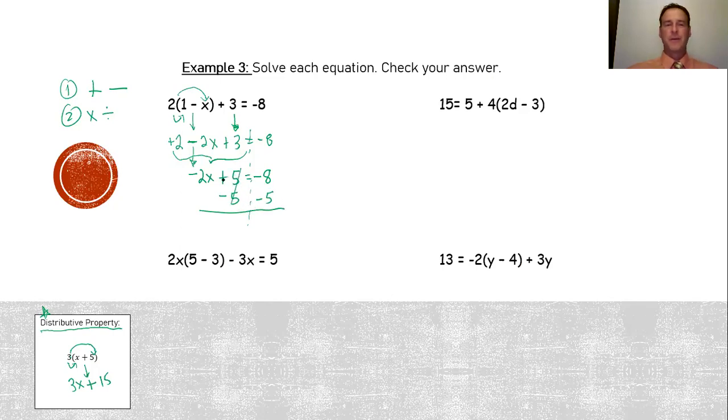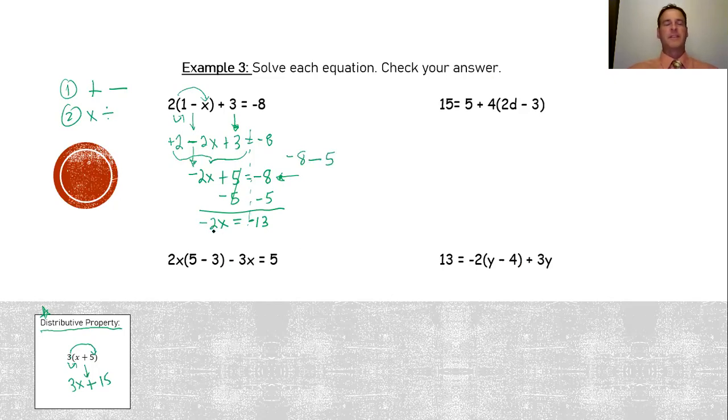Inverse operation, if I have plus 5, I got to put a minus 5. Negative 2x will come down, and geez, the signs are the same, so you're going to add. And again, you always pick the sign of the bigger number. You get negative 13. If you're not confident with that, then put it in your graphing calculator. Negative 8 minus 5.